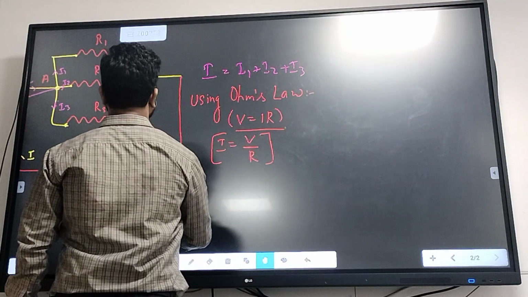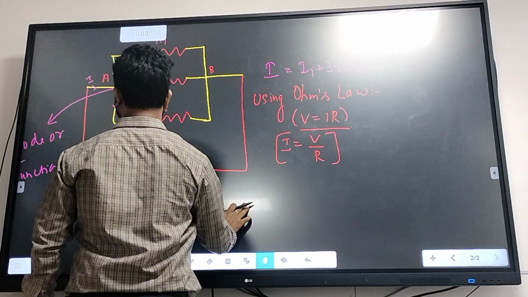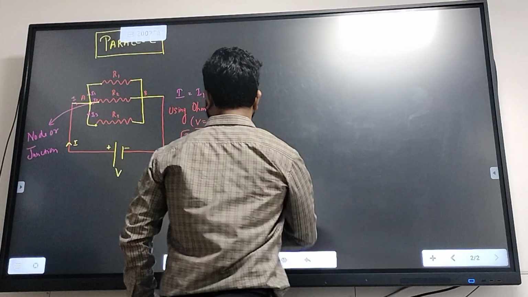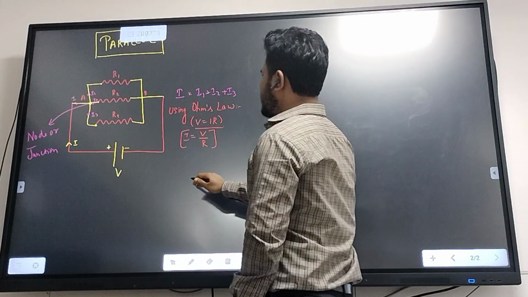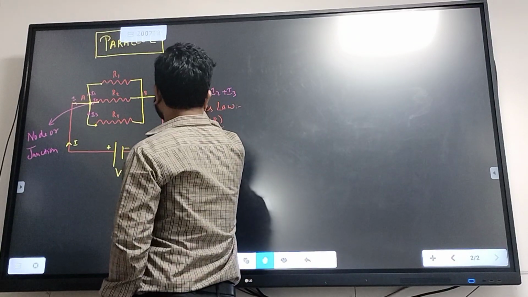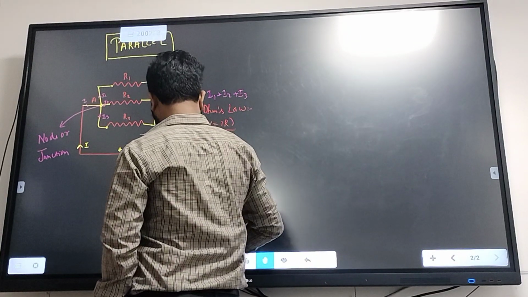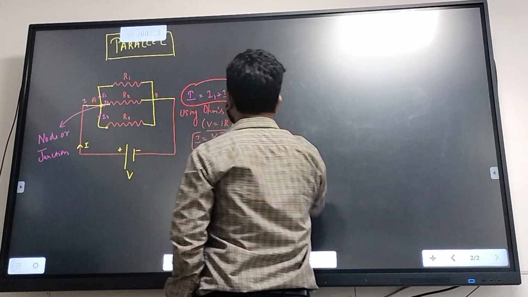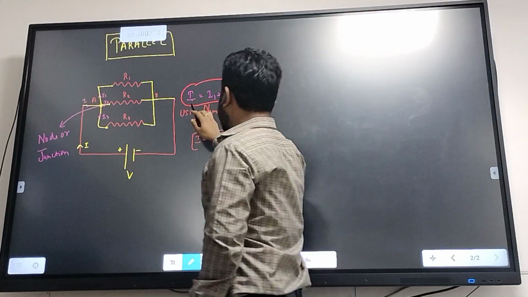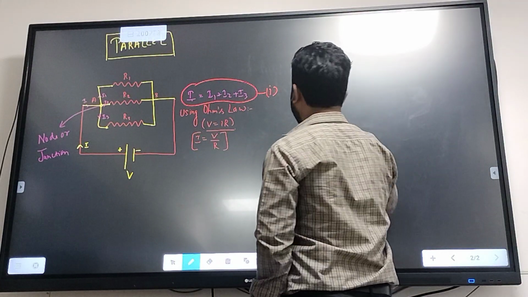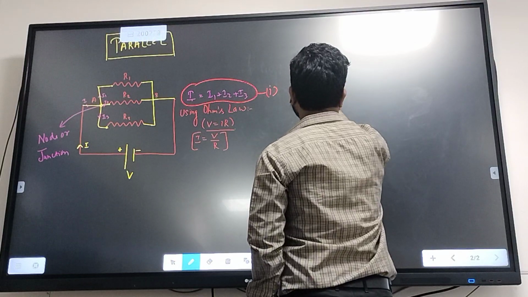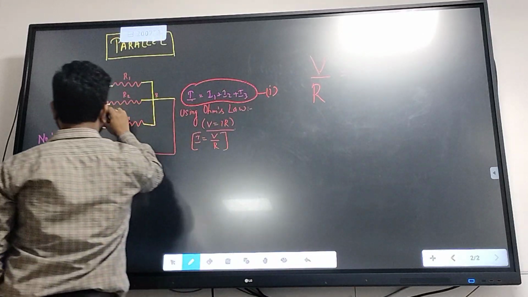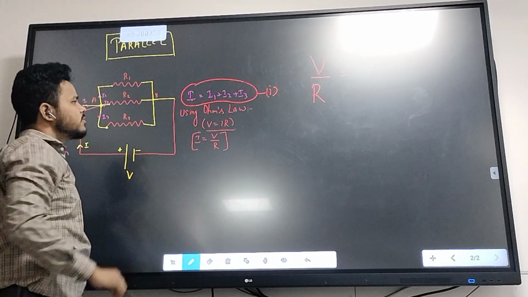Let's name this equation number 1. From here, this I can be written as V upon R. Since all these resistors are connected between only two points, their potential difference will be the same.